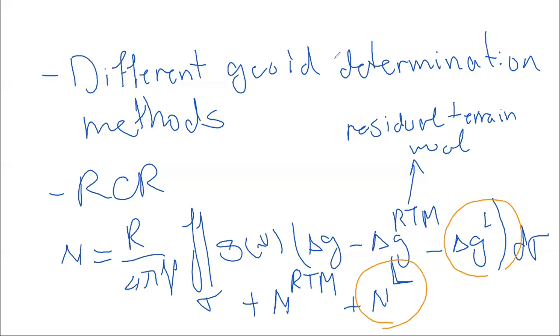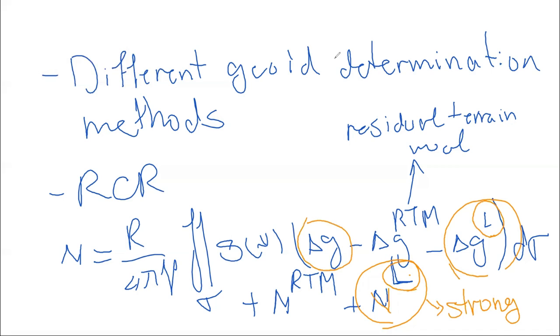Of course, the higher the degree of the spherical harmonic of the gravity is, the contribution of the Stokes integral will be less, because this part of the signal is strong. So if this degree is too low, then the role of the terrestrial data will be higher. And when this L is too high, the role of this N is higher.